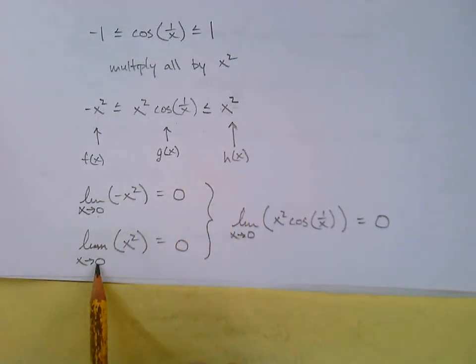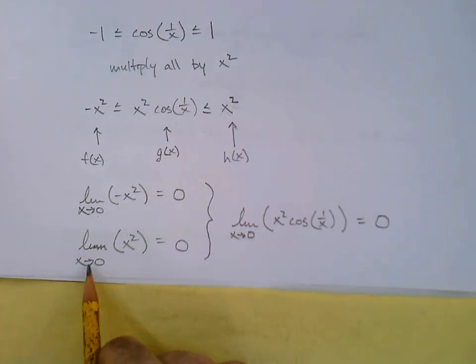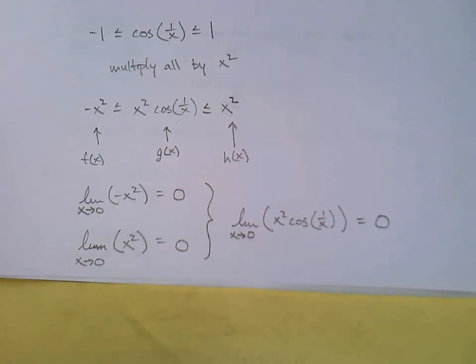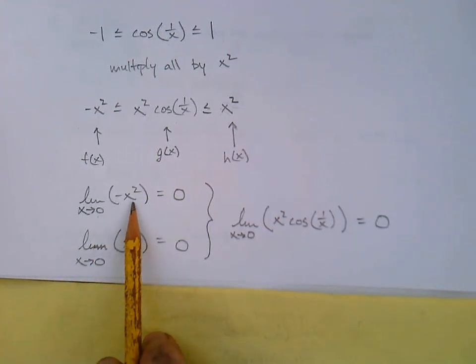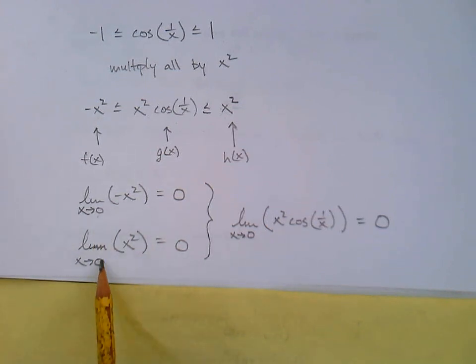And I'll take the same limit as x approaches 0 for the h. As x approaches 0 for x squared, well, I'll plug that 0 in, and that answer will be 0 as well. And we see, oh my gosh, when I take the limit of the f and when I take the limit of the h, I get the same result. This limit of f and this limit for h are the same thing.